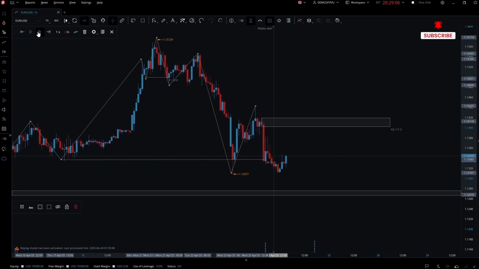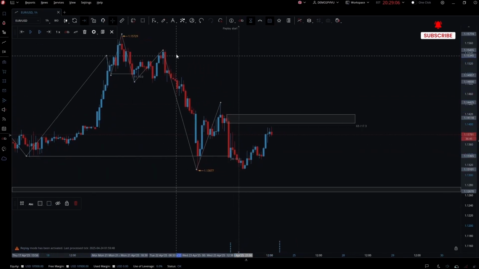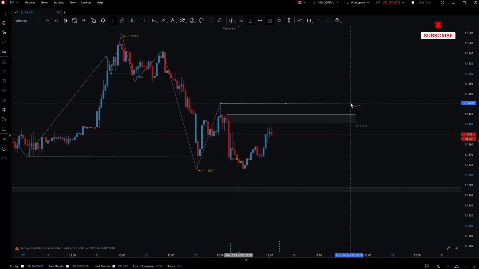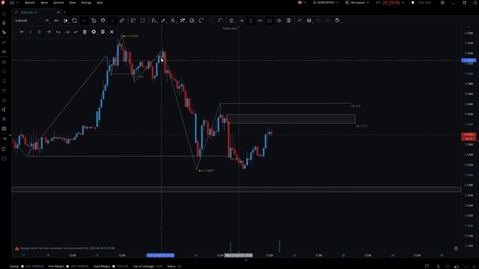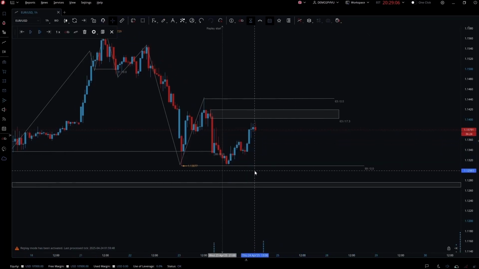From here we can clearly see that we are consolidating a bit. Why am I saying that? This is a high and this is a low. There is no break of structure yet. The trend only continues when we break the structure.